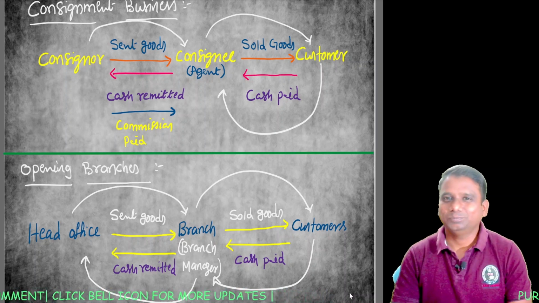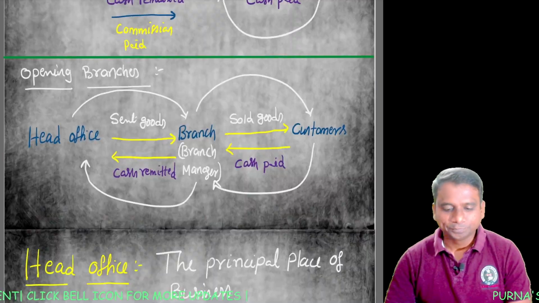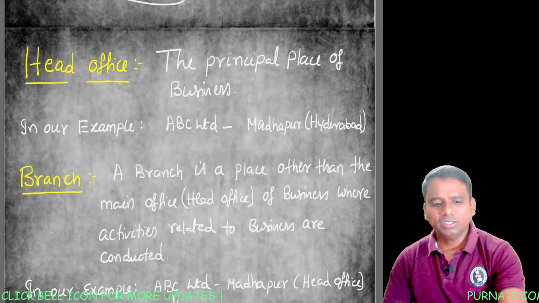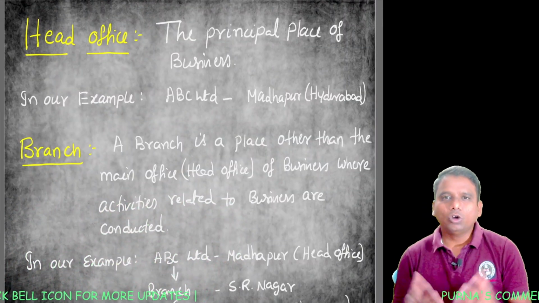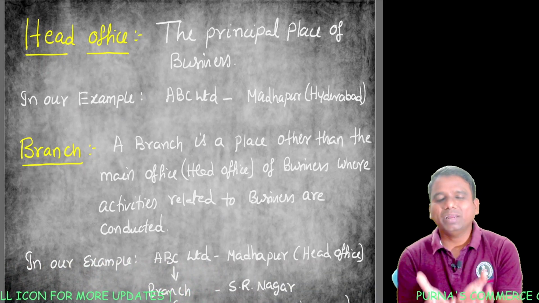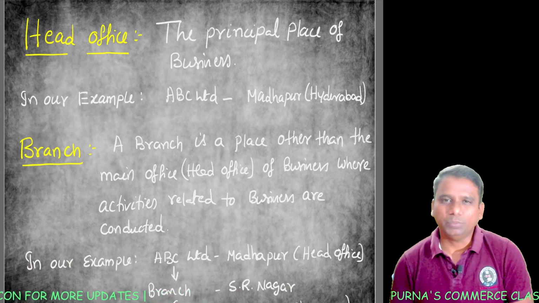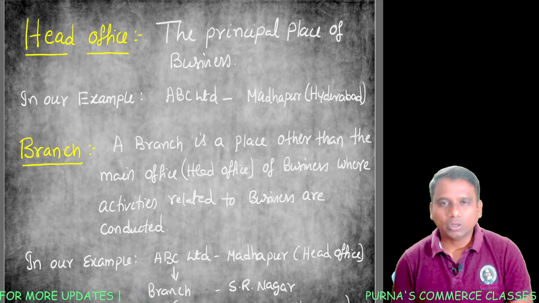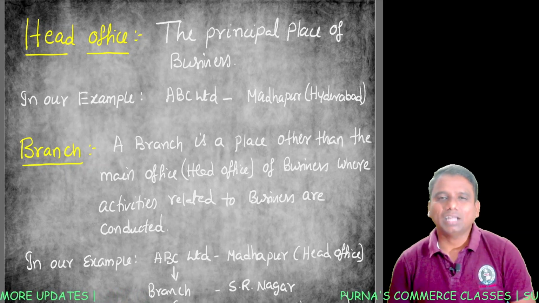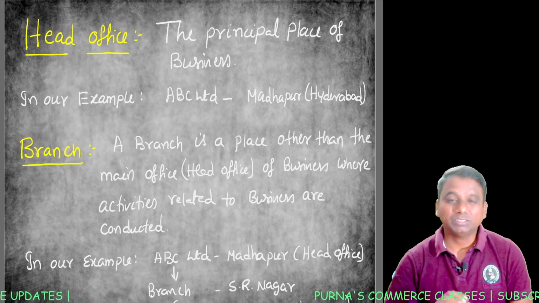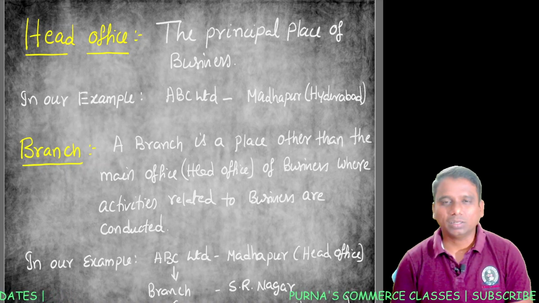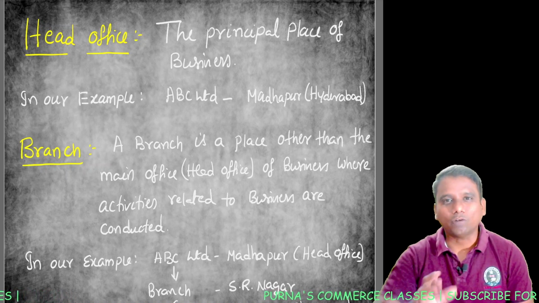Now come to the head office. What is the meaning of head office? The head office is a major or principal place of business where we are operating. In our example, our registered place of business is the main office at Madhapur, Hyderabad.